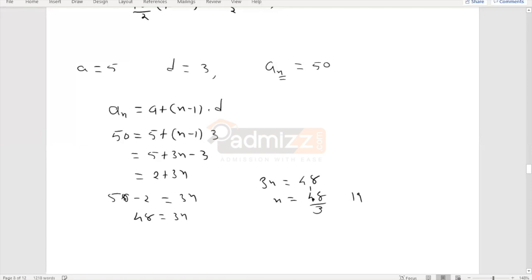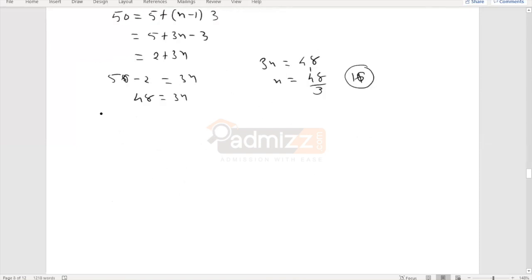Oh, not 19 but 16. n will become 16. So in this way you can find any missing number.